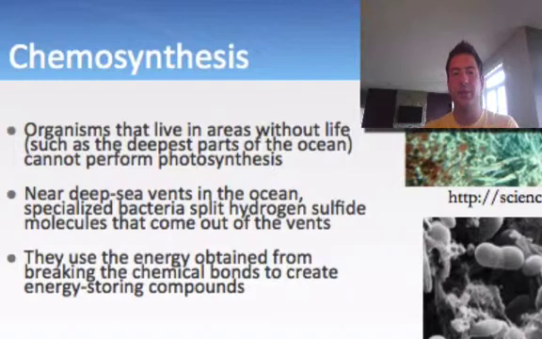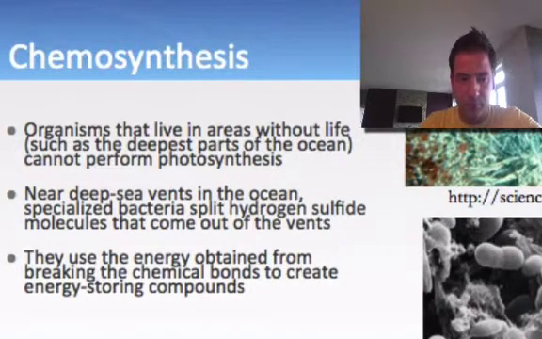So basically, these deep sea vents have hydrogen sulfide molecules in them, and the bacteria down in the deep sea are going to break those and split them, okay? And then they're going to use those to break chemical bonds to create energy storage. So kind of a complicated process in a sense, but that's another way that we can obtain energy.